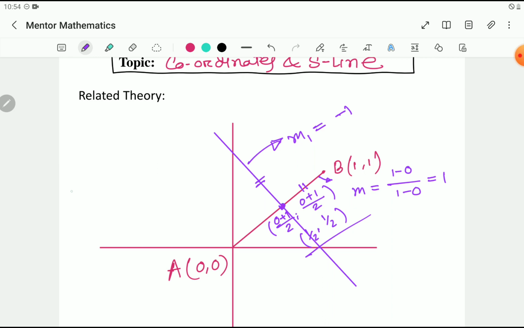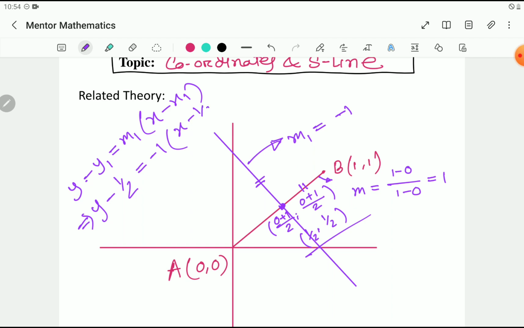Therefore we can write the equation y minus y1 equal to m times (x minus x1), y minus half equal to -1 times (x minus half).